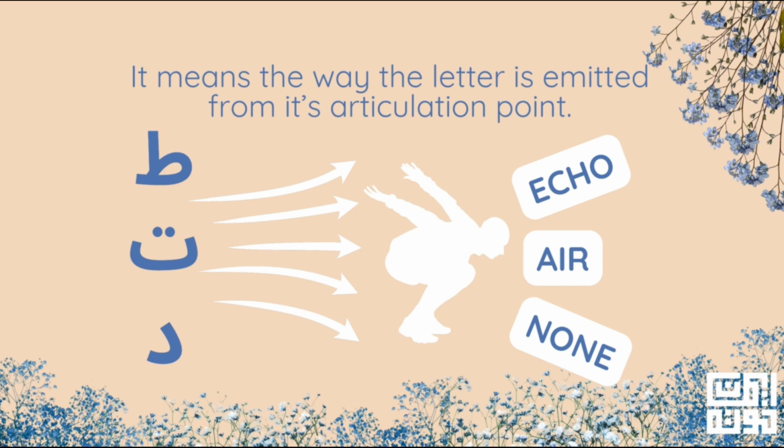Both were in the same room, but they left the room in a different manner. And this way describes their different characters. And it's the same with the letters. The characters of the letters, if any of them is neglected while pronunciation, it will affect the sound of the letter.